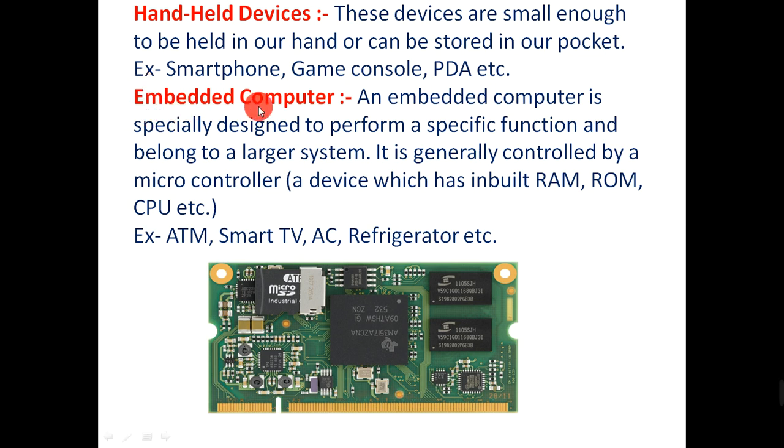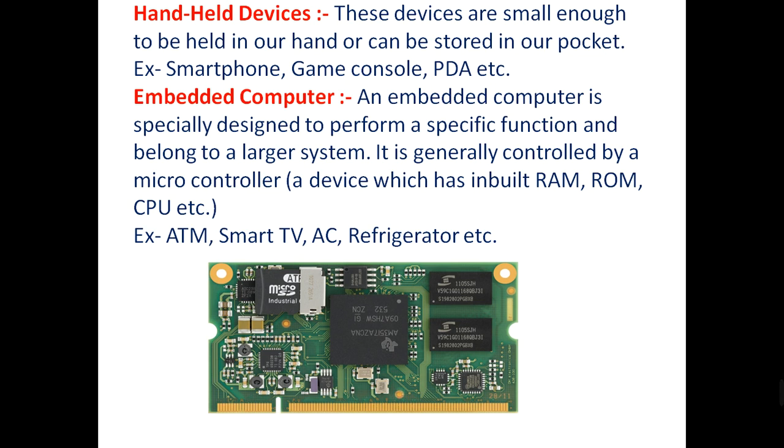Now the last one is your embedded computer. Embedded computers are especially designed for a specific function in a circuit or in a device. For example, if you have AC in your home, then there is one embedded chip or computer present in your AC.